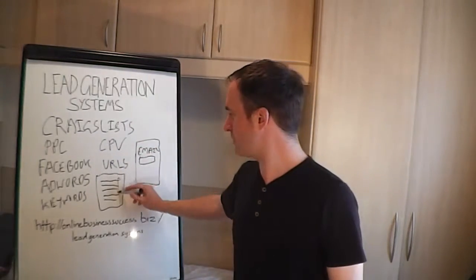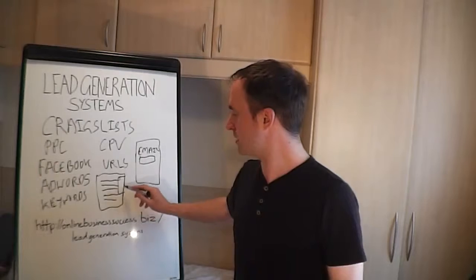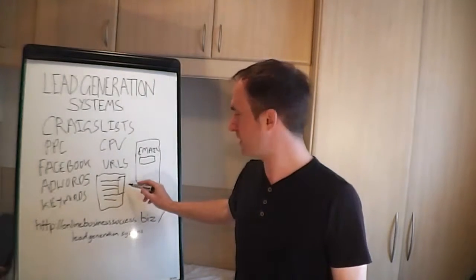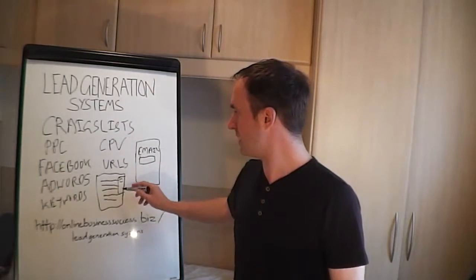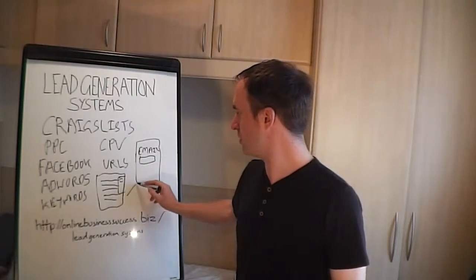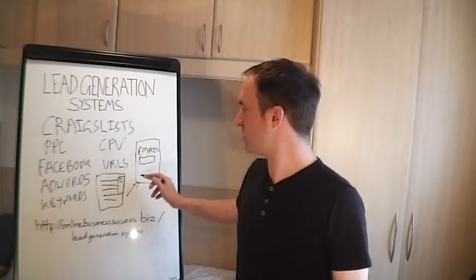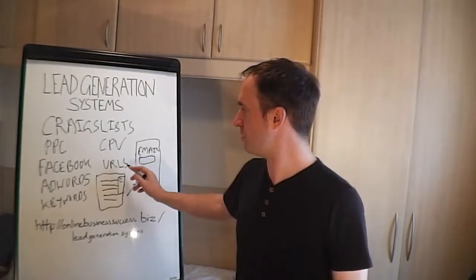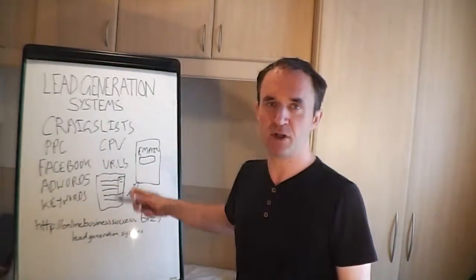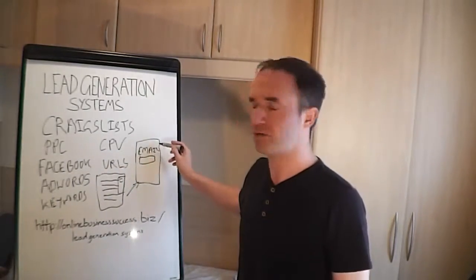So when there's advertising down the side here and they click on a URL, they will instead be shown your landing page. The plan is to find URLs where anybody interested in that will also be interested in what you have to offer.